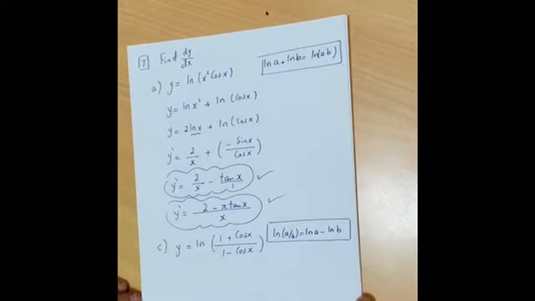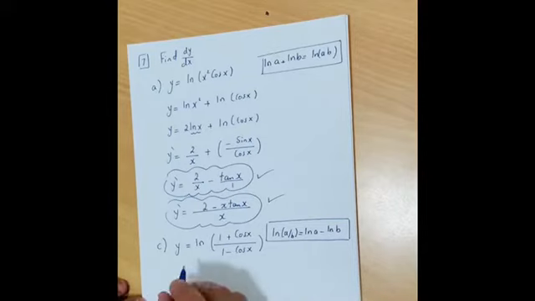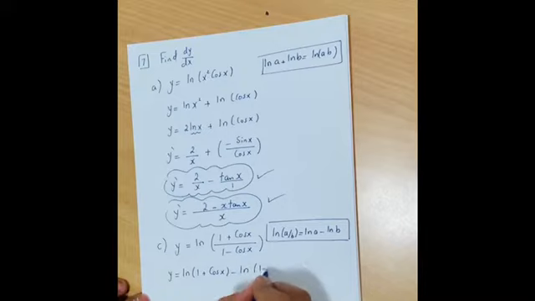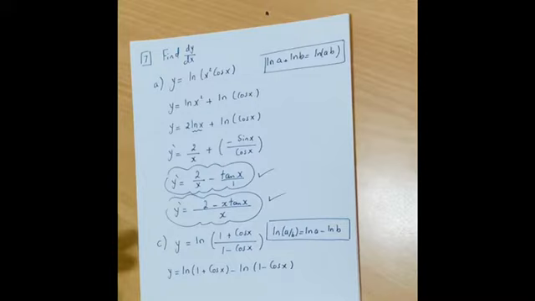So by splitting the fraction, which is given to you with the ln, y equals ln of 1 plus cosine minus ln of 1 minus cosine, because ln of a division converts to the difference of two ln.